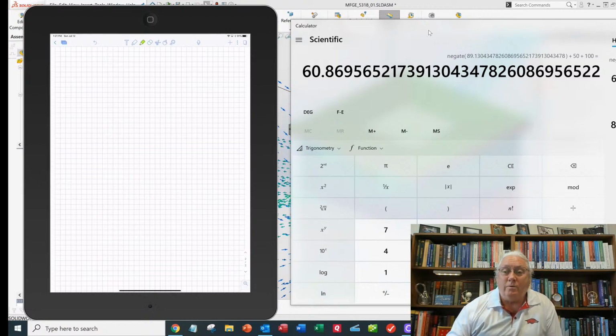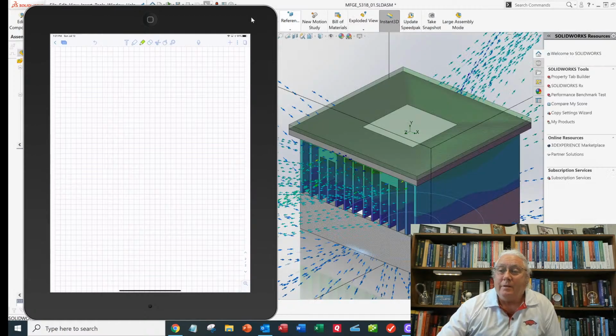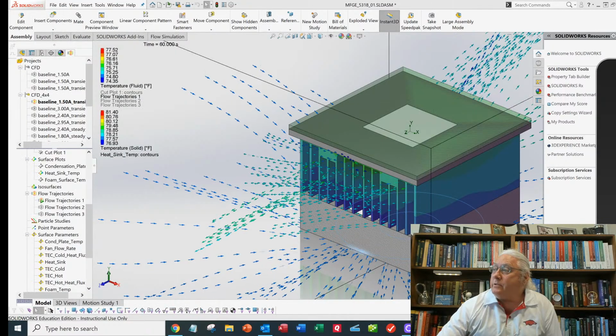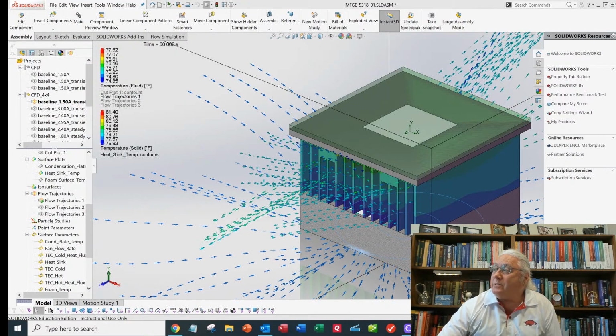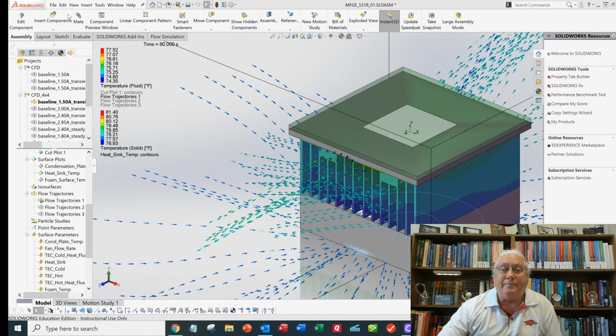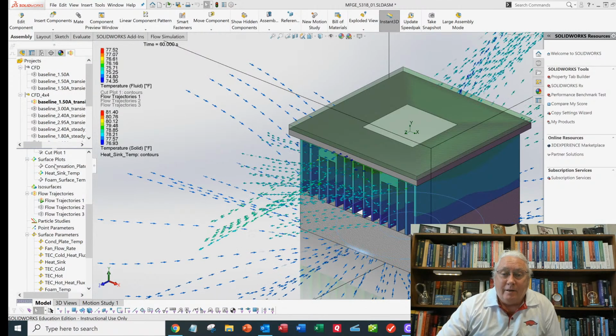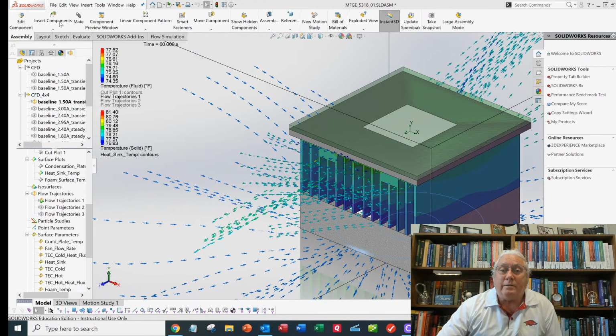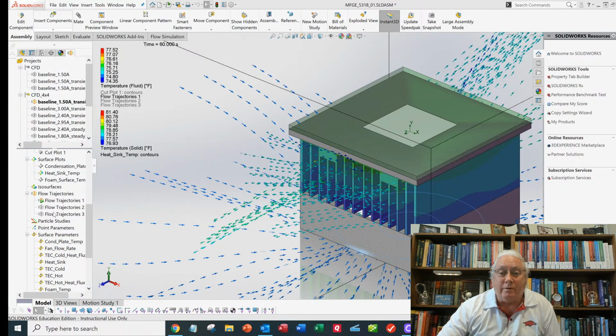We can do simulation problems in composites with SolidWorks. I think the advanced module has that capability. Let's turn off this beautiful little thing going here.